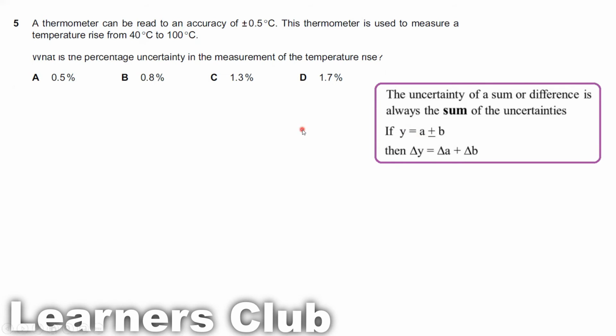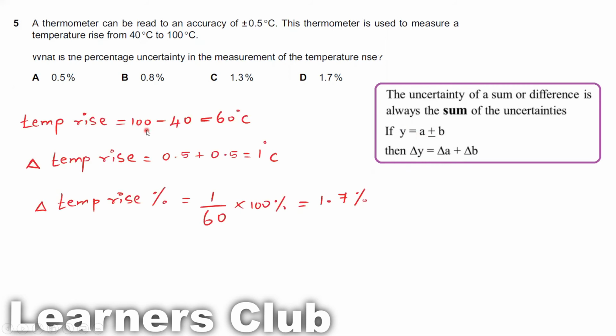So in this case, our temperature rise is 100 minus 40, 60 degrees. Now you have uncertainty for 100, which is 0.5. Again, for 40, uncertainty is 0.5. So basically it is plus or minus. So we get plus or minus 1 degree Celsius. This is our uncertainty in temperature rise.